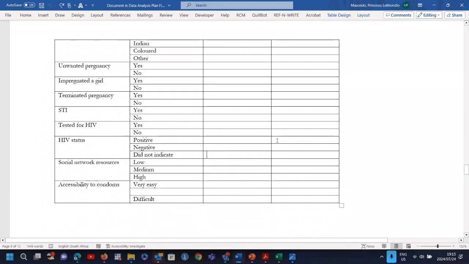So this is how you can see how your chapter is going to look. Even at a planning phase, while you are still doing your proposal, you can already see the variables that maybe you don't need, and you can actually decide to remove them from your data collection instrument.